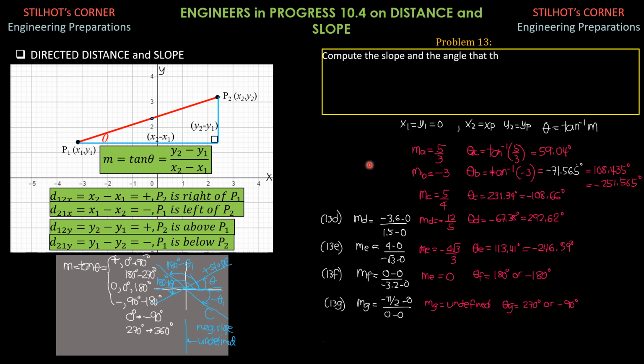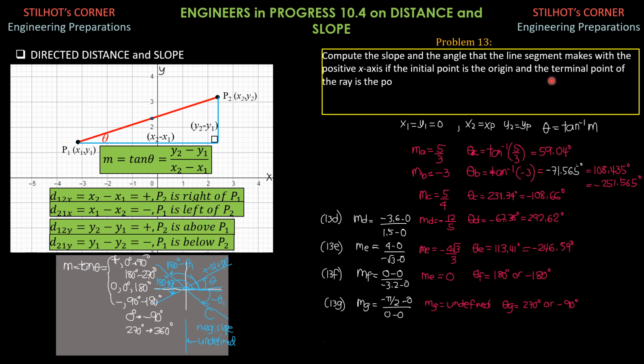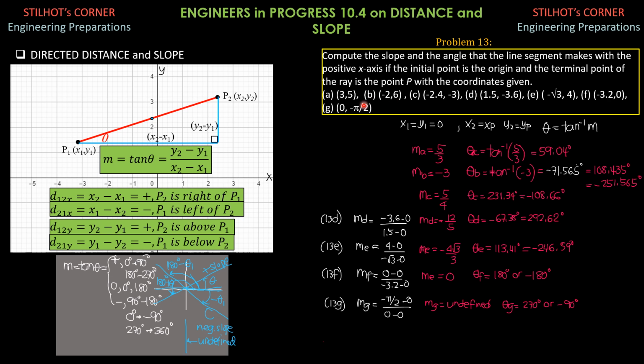Compute the slope and the angle that the line segment makes with the positive x-axis, if the initial point is the origin and the terminal point of the ray is the point P with the coordinates given. So these are the terminal points of the ray, and the initial point is the origin.